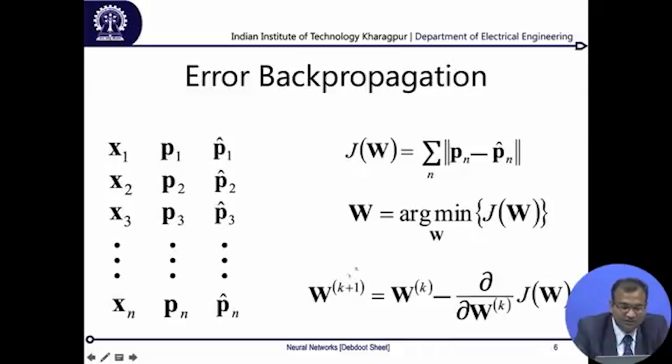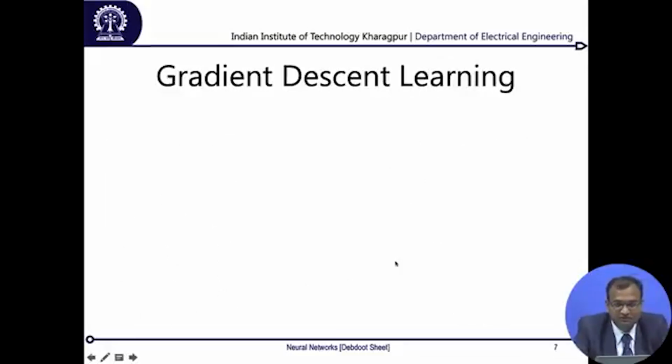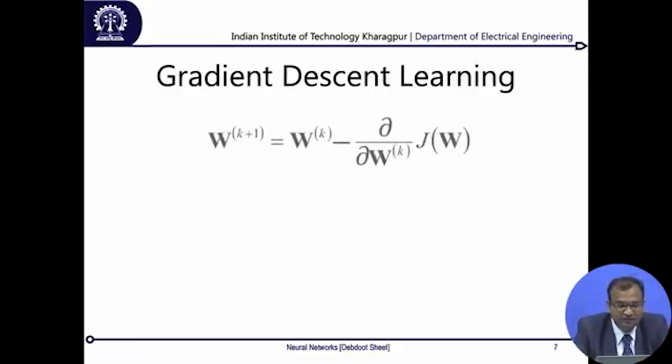Now the question is, how do I actually train my network, which is the objective we are trying to achieve during the process of training. So we take the same equation over here.